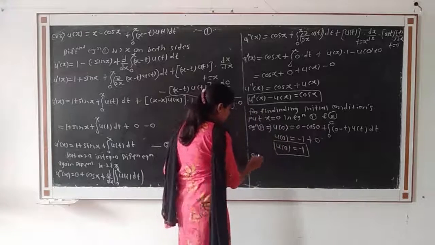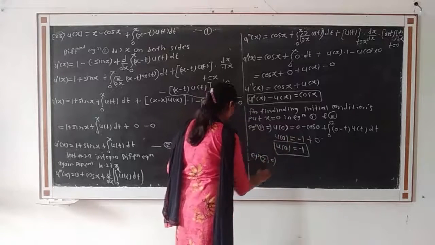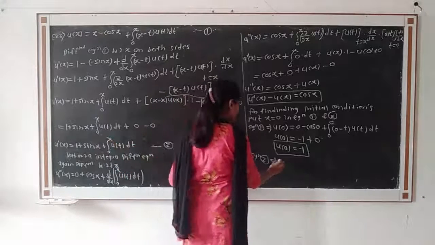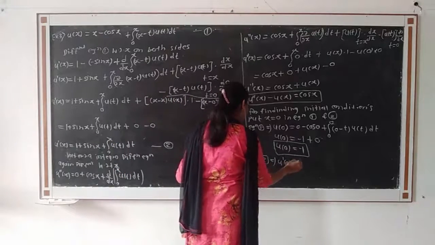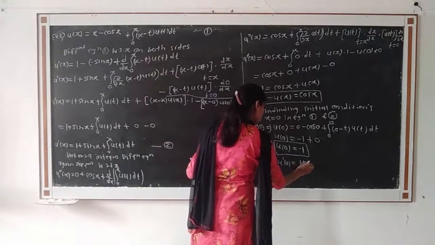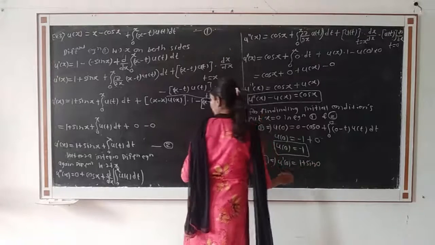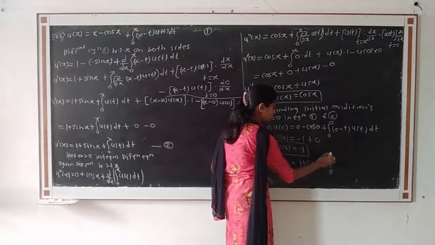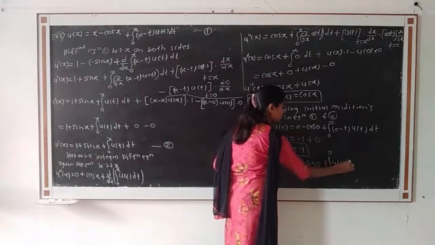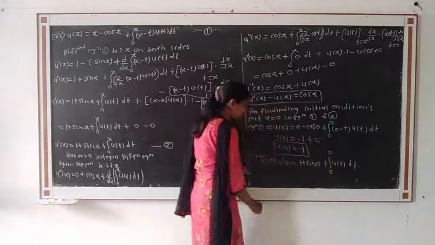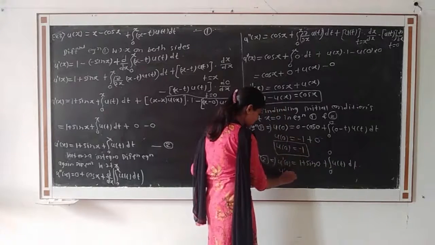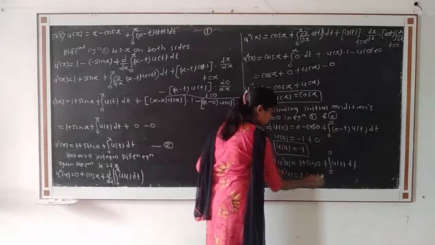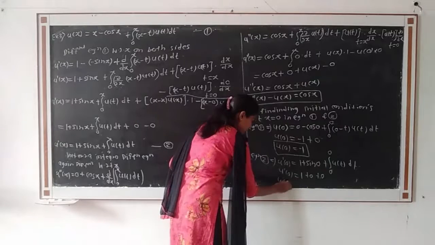Then similarly, in equation number 2 we put x is equal to 0. We get u dash of 0 is equal to 1 plus sin 0 plus the integration from 0 to 0 of u of t dt. That is, we get u dash of 0 is equal to 1, since sin 0 is 0 and this integration is also 0.